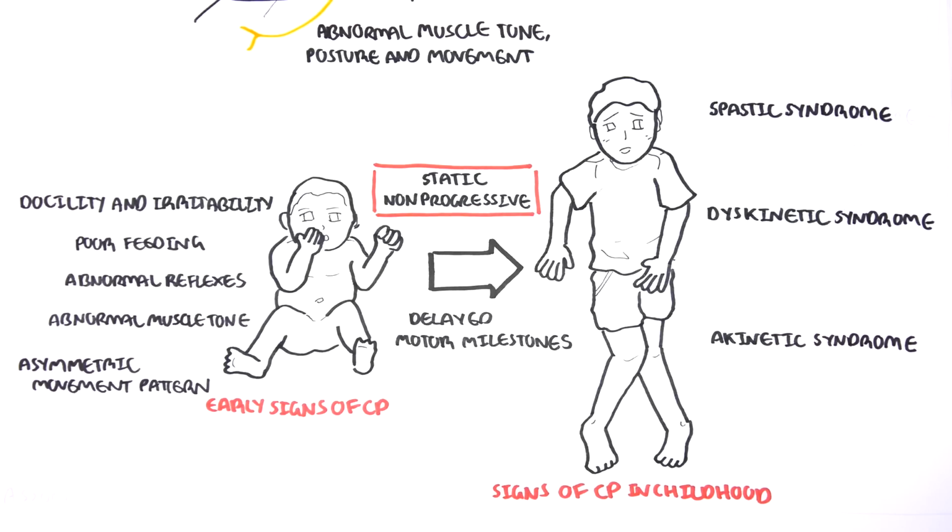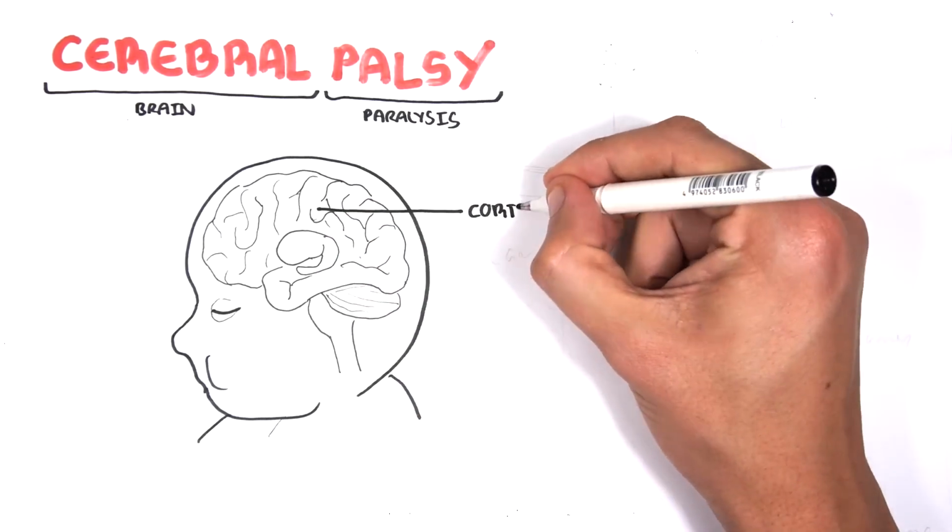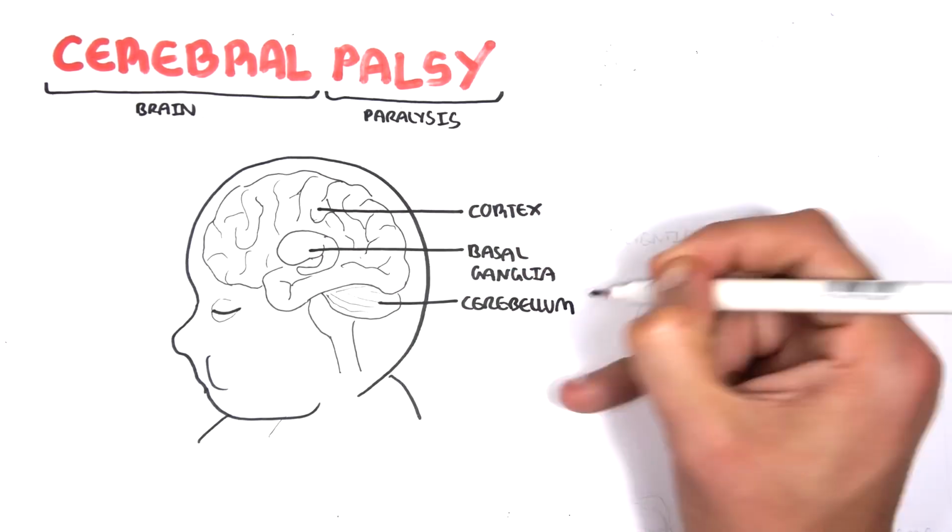Akinetic means no movement. What's interesting is that these syndromes correlate to the brain areas we talked about at the beginning of the video: the cerebrum or cortex, the basal ganglia, and the cerebellum.